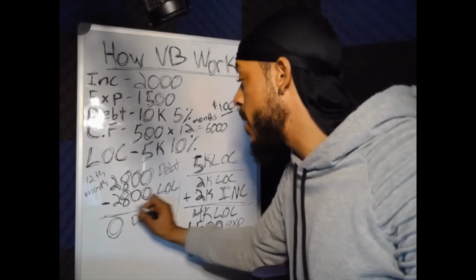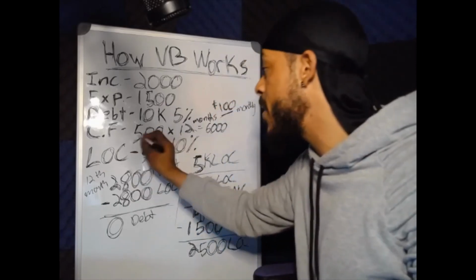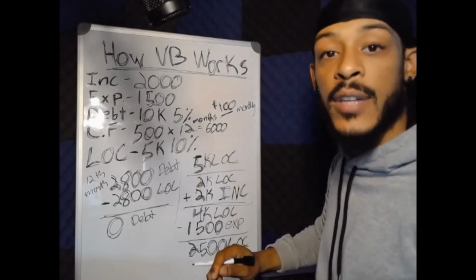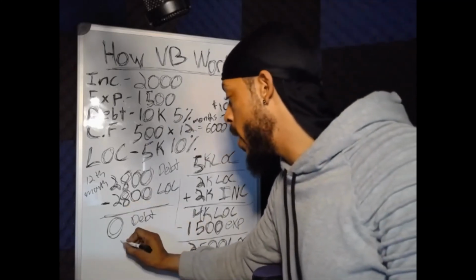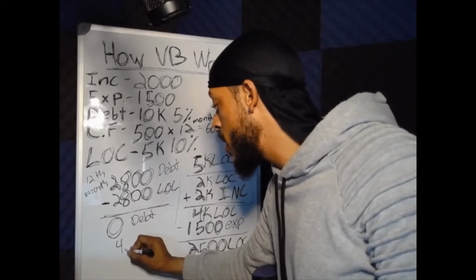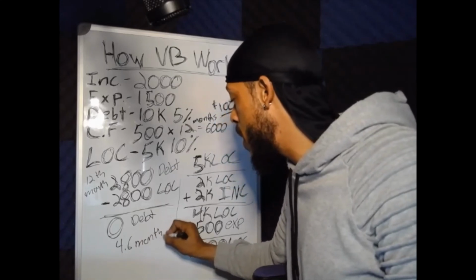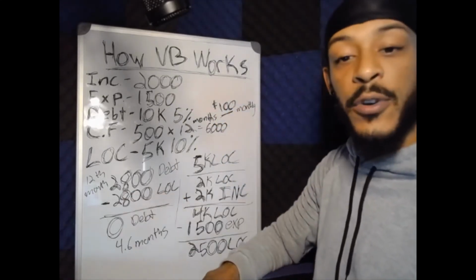Your line of credit would have been paid off because now, instead of a $500 cash flow, you now have a $600 cash flow. And so, in 4.6 months, your line of credit would have been zeroed out.